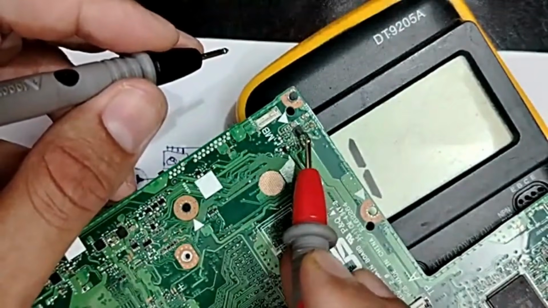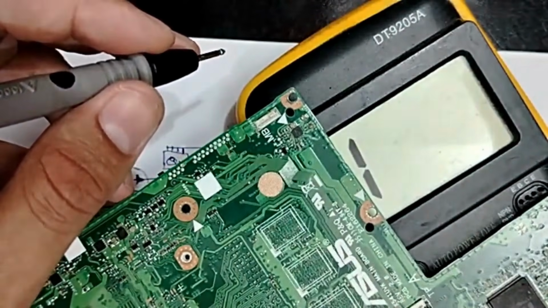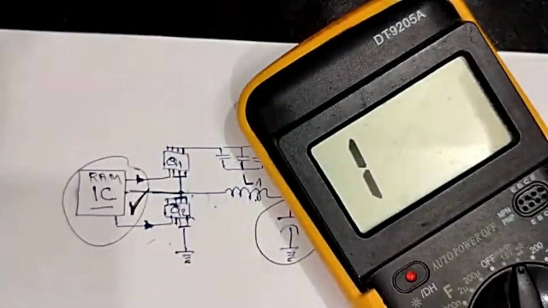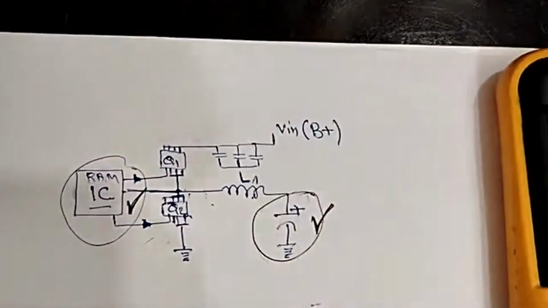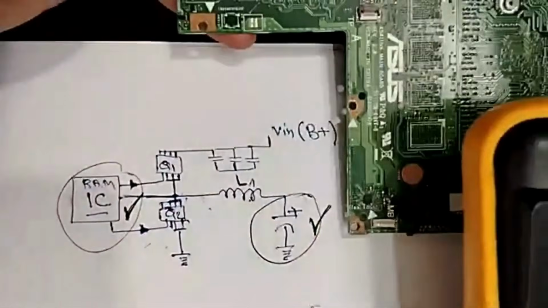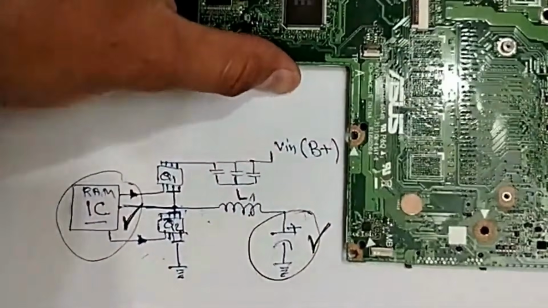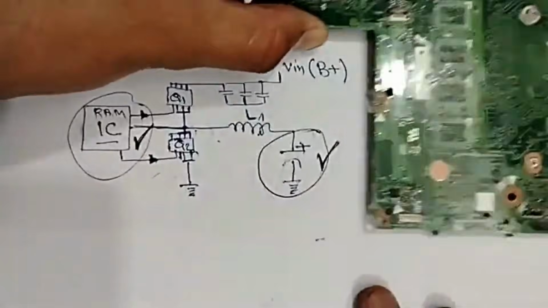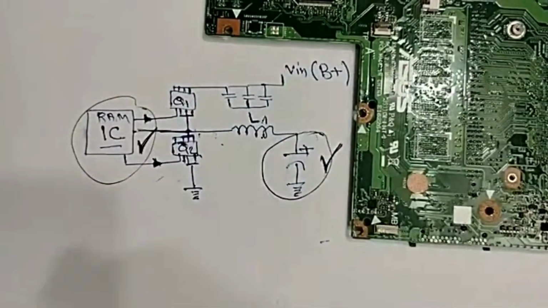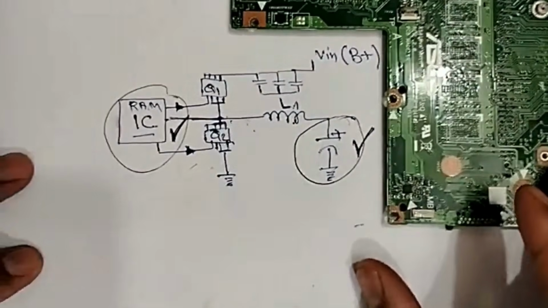If the IC is the shorted one, the capacitors are not shorted. I will prove to you, my friends, here. Here we work with proof, with process, not just randomly.